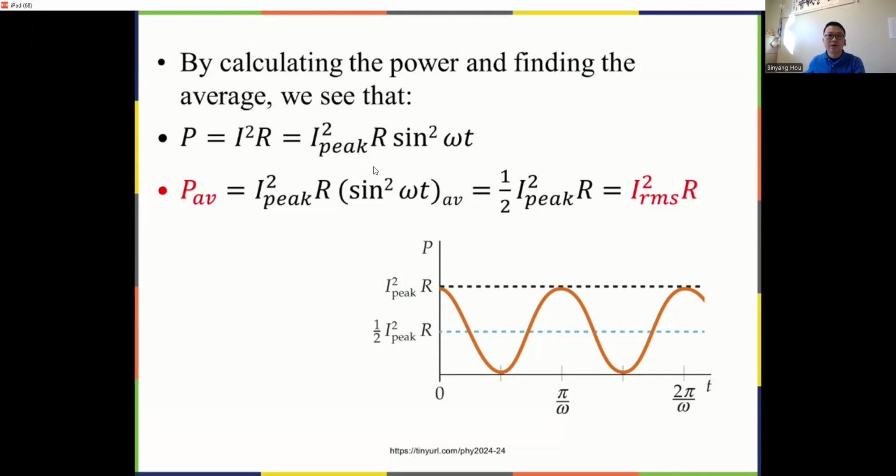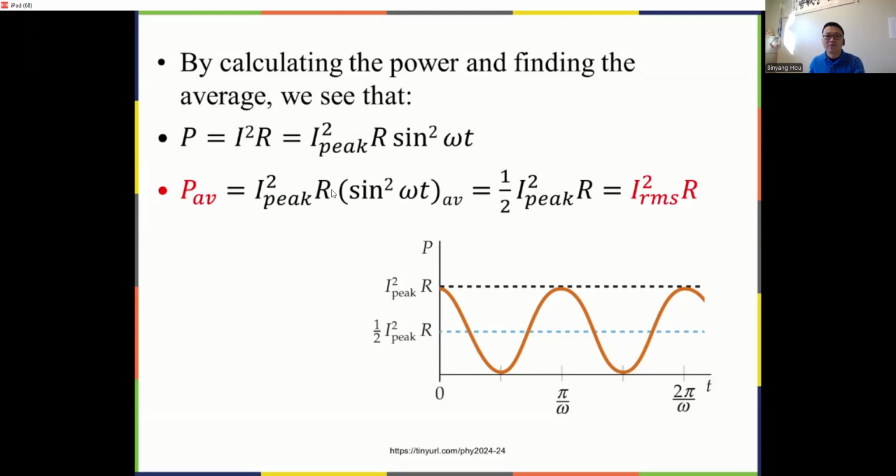So the average of power should be just the average of sine squared omega t. If you square the sine function, it will look like this. Because you squared it, it's all positive. The average of that will be just half of it, from the middle here. It varies from 0 to 1, so the average is just 1/2.